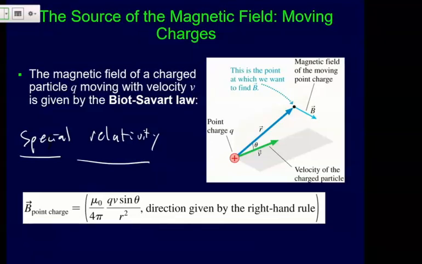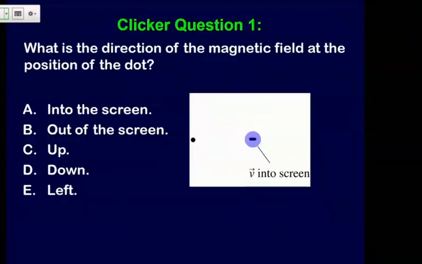You'll eventually get to that at some point. But for us right now, experimentally, we know that a moving charge will cause a magnetic field, similar to how Coulomb's law tells us that an electric field is caused by a regular charge.